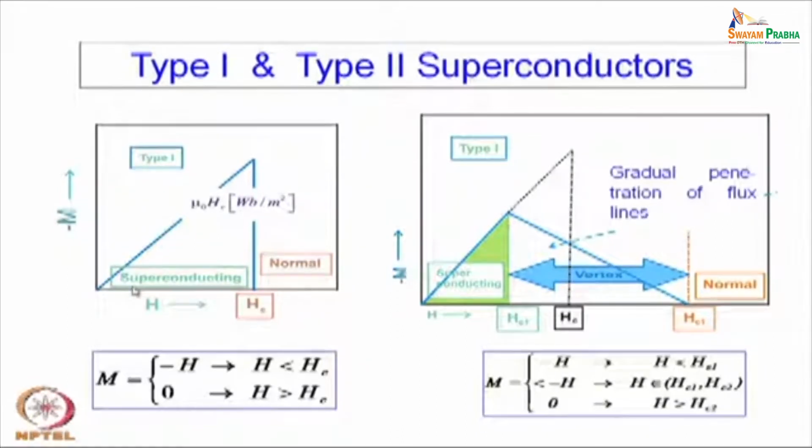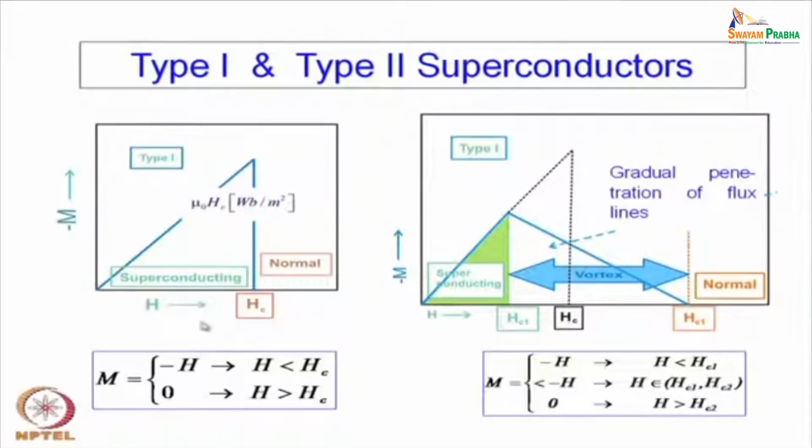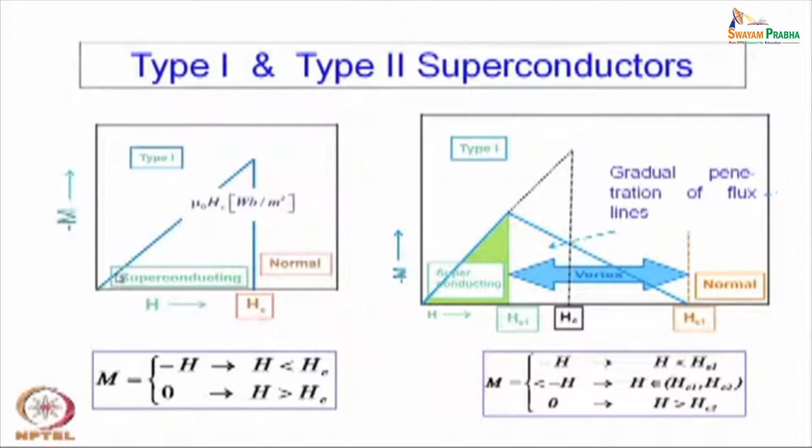What has been plotted here is the magnetization against the magnetic field, and you can once again see two different regions. One is the normal region, and the other is the superconducting. This is at a particular temperature, of course below Tc. So, below Tc, if you have a 0 magnetic field, the magnetization is multiplied by -1.